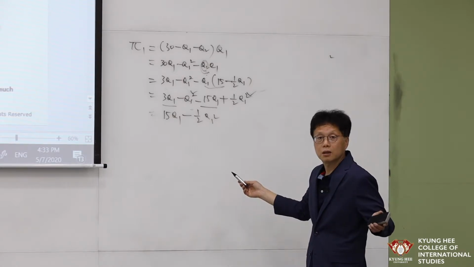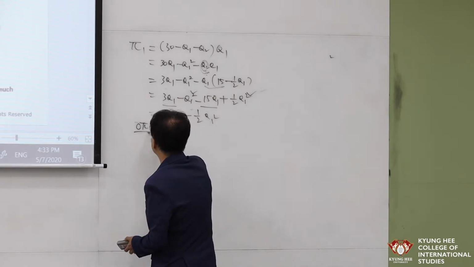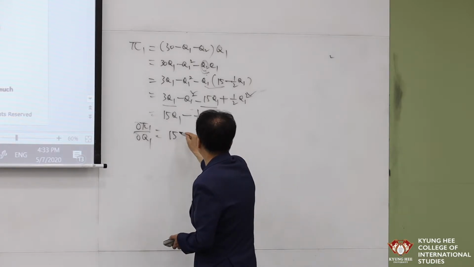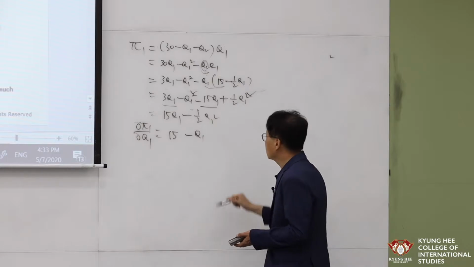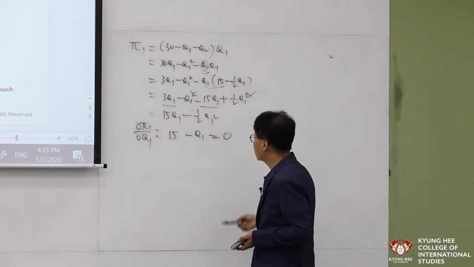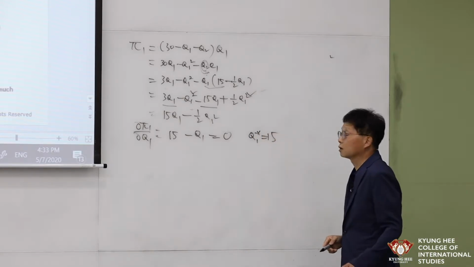That is the profit. Right? So the first derivative of the profit function with respect to Q1 is equal to 15 minus Q1. Right? Should be equal to 0. Then Q1 star is 15.